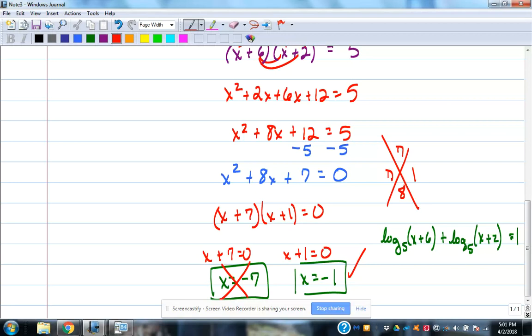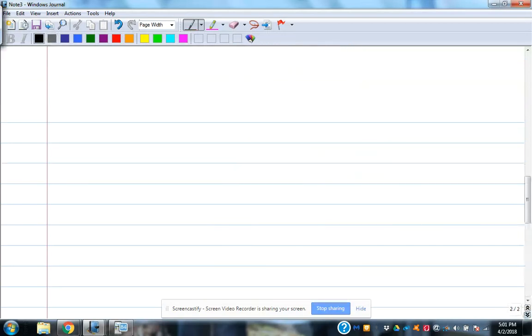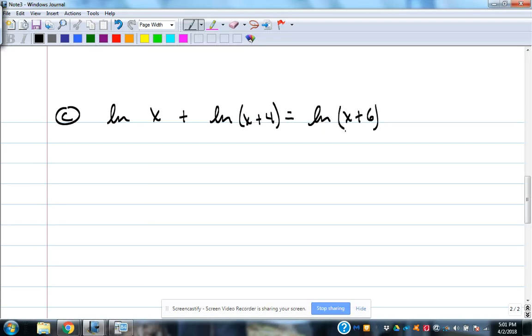Okay. Let's do one with the natural log in it. Natural log of x plus natural log of x plus 4 equals natural log of x plus 6. Lots of natural logs. Don't overthink it, but don't underthink it either.